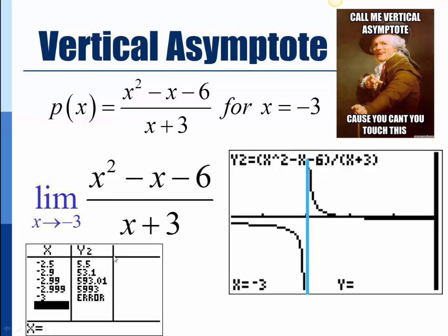The key thing is, as we get closer to -3, what is happening to our y values? Hopefully you can recognize the pattern. Our y values are just getting larger and larger and larger. That's that zooming off to positive infinity. The graph is going up and up and up.